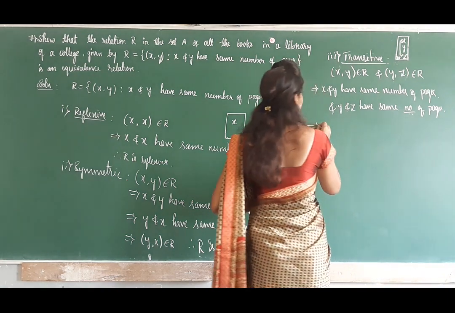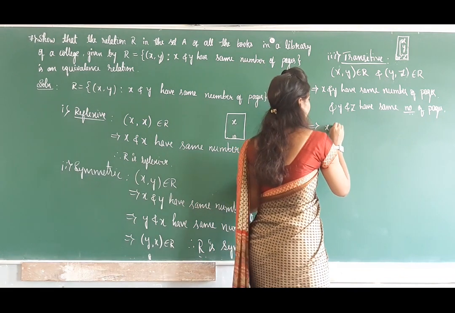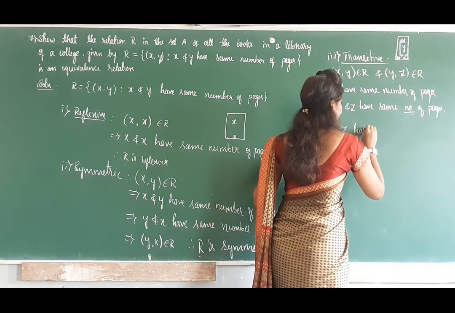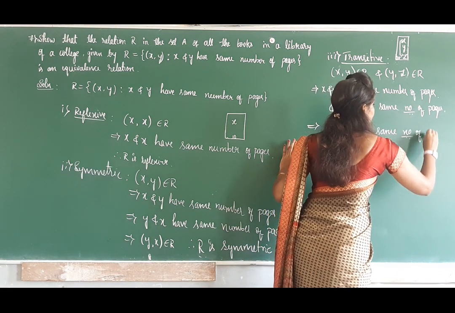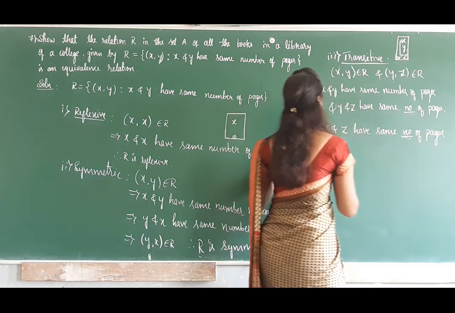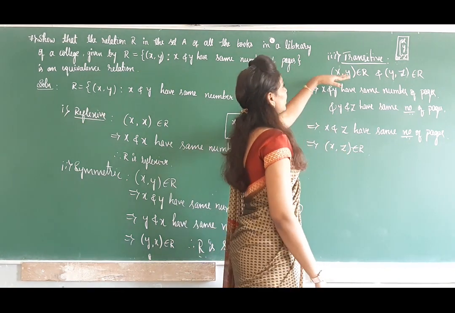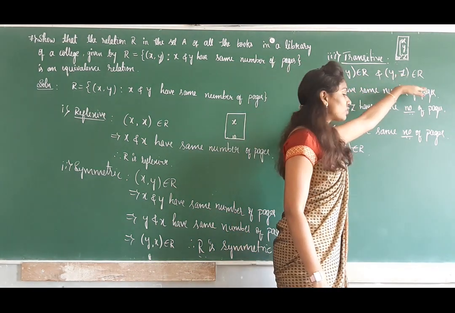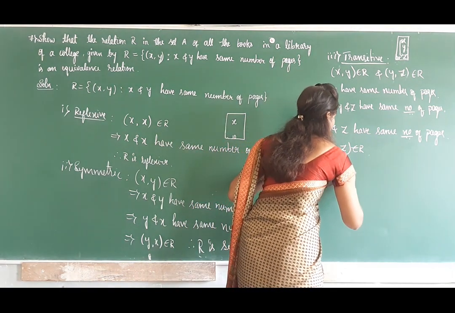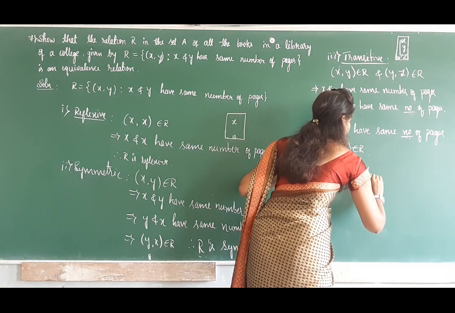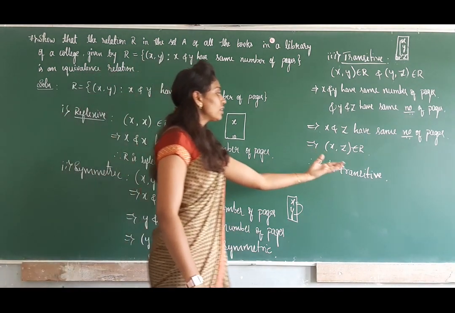This implies X and Z satisfy the condition, so (X, Z) belongs to R. If (X, Y) belongs to R and (Y, Z) belongs to R, then we proved (X, Z) belongs to R. Therefore, R is transitive. The relation R is reflexive, symmetric, and transitive.